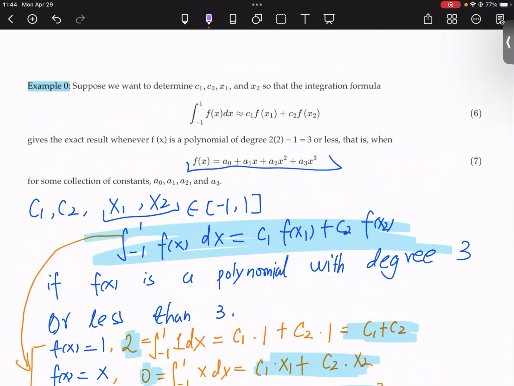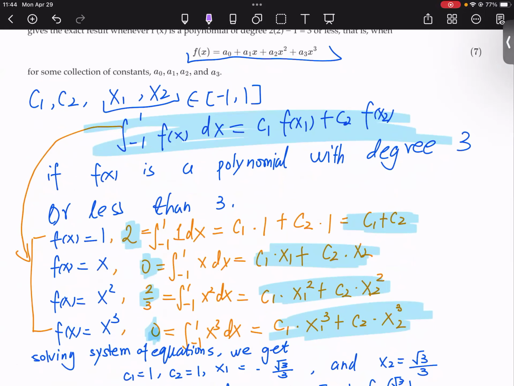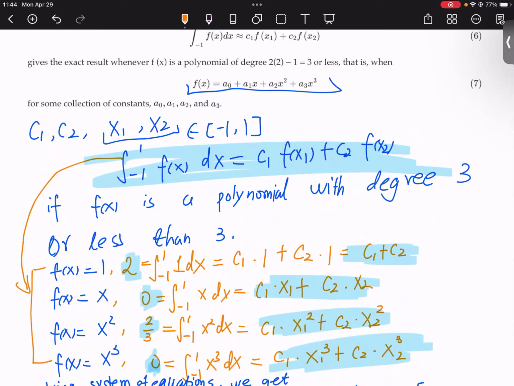Because we can plug in this polynomial to get a linear system of equations. For this function, we can view it as a linear combination of the basis functions 1, x, x squared and x cubed, these 4 polynomials.